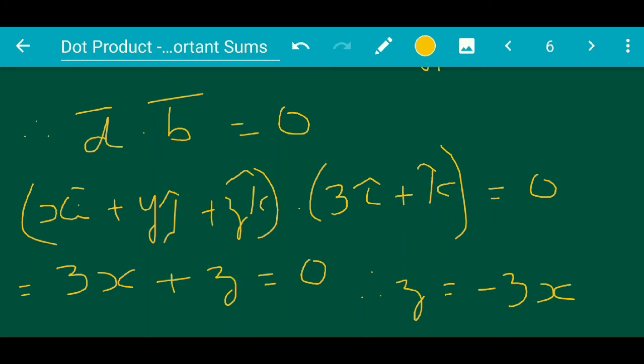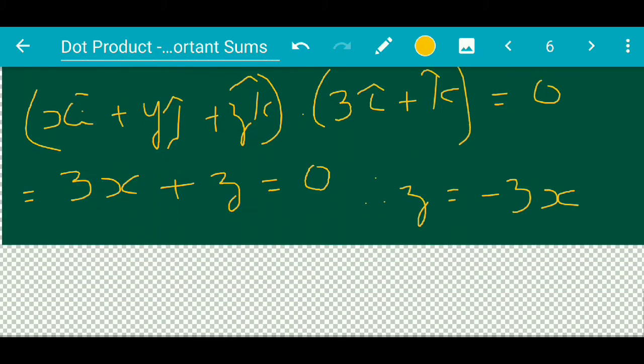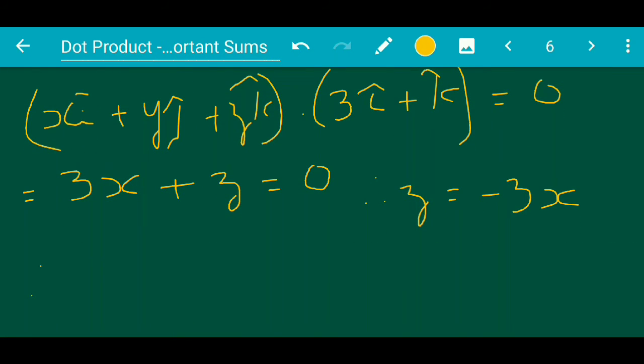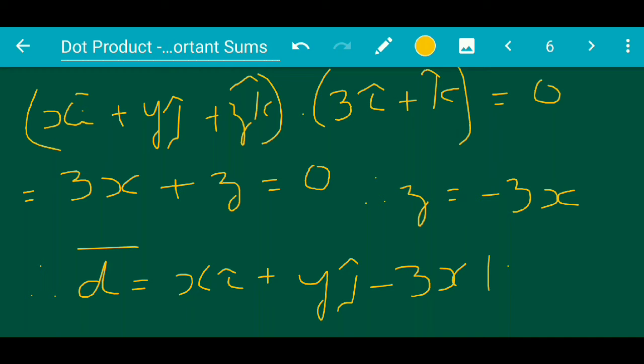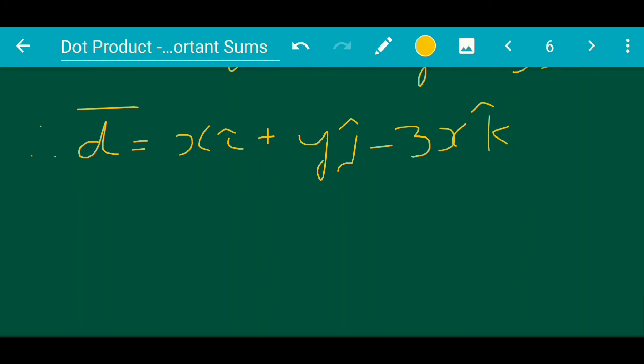Therefore d bar is equal to xi plus yj, z becomes minus 3x, so minus 3x k. This again we keep in mind.